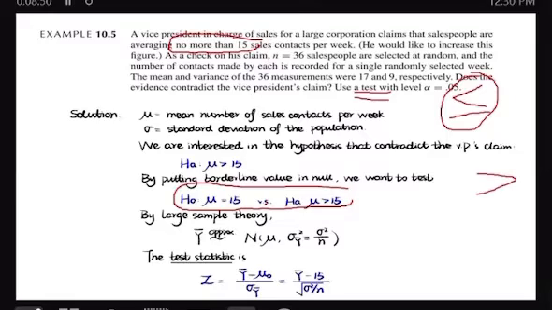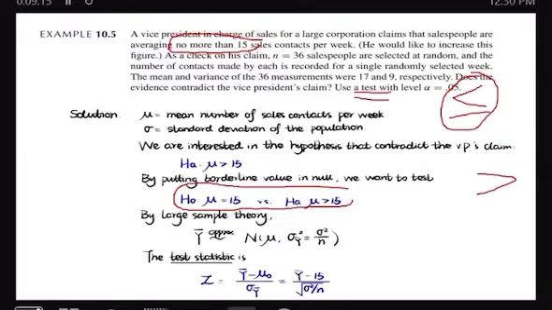Now, we want to see whether we should apply Z or we should apply T. We've got our Z and T, but we've got conditions to see whether we can apply Z. The sample size has to be at least 30.